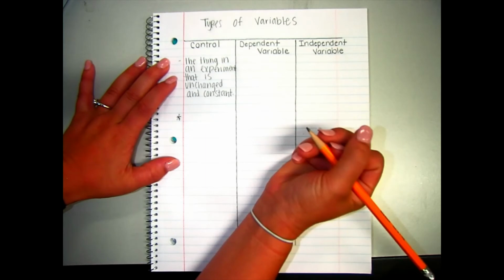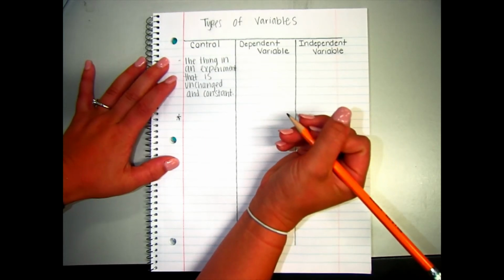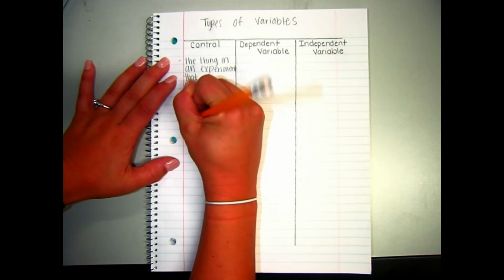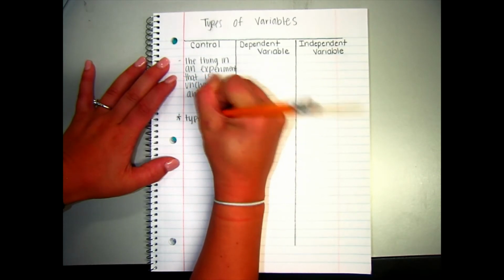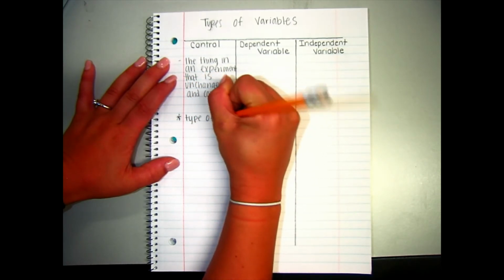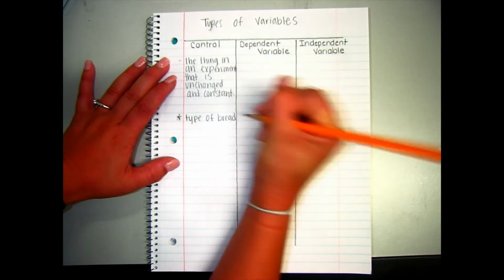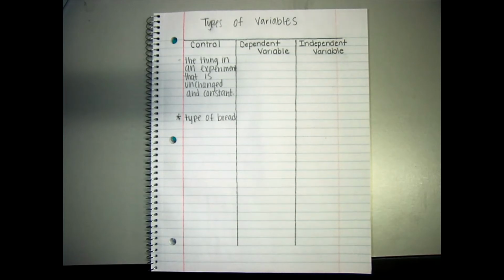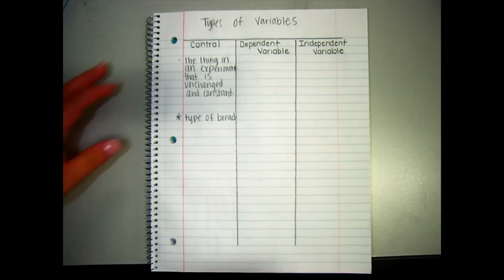So like I said, the constant and the control variable in the experiment we're doing is the type of bread. And the reason why we kept the same type of bread is because different brands might mold quicker than others. So if we use the same type of bread, then hopefully we'll get more reliable results, and we actually would.